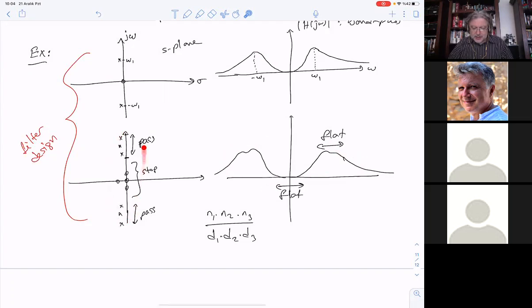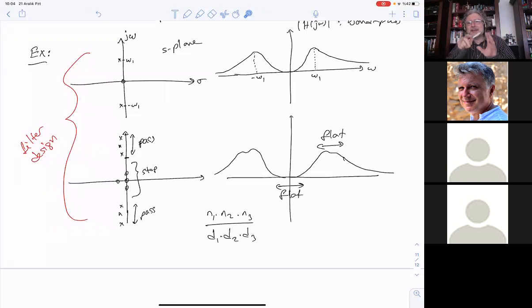Once you have the poles and the zeros, you can always take the inverse Laplace transform and see what's happening in the time domain as an impulse response, or every pole and every zero corresponds to one capacitor and one inductor, essentially.